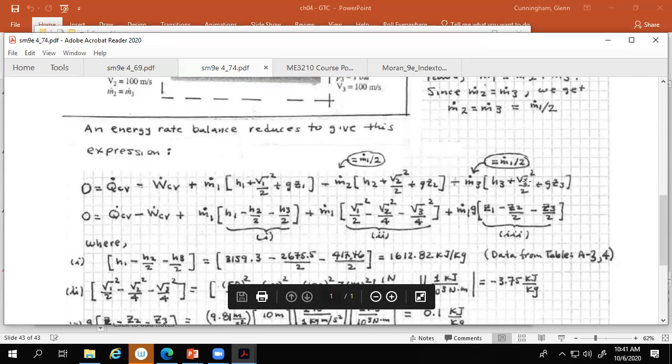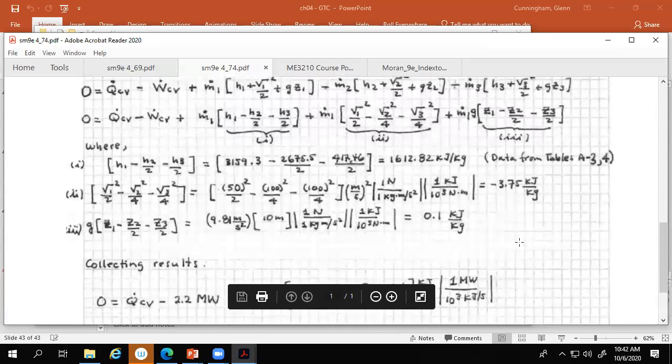The 2 goes to 4 because when we substitute in, we've got m dot 1 over 2. And then these are the potential energy terms. Then he's going to evaluate all of it.